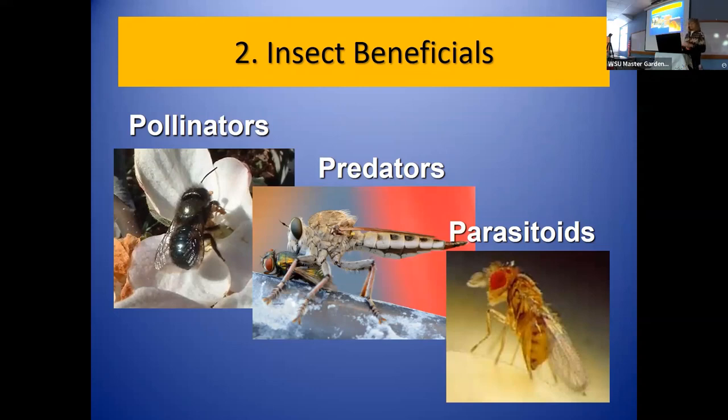In looking at them, the pollinators benefit as they will move pollen from the male part of the flower to the female part of the flower. And if that transfer is successful, it can result in the formation of a fruit. The predators, like this big robber fly here, will feed on other insects, and that helps to keep populations low.